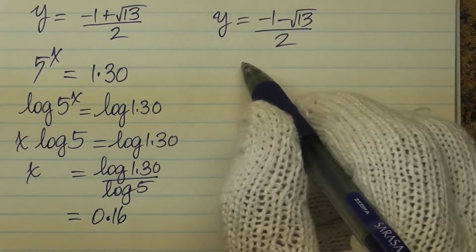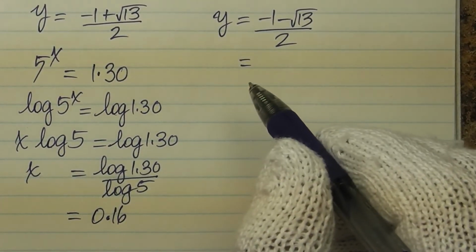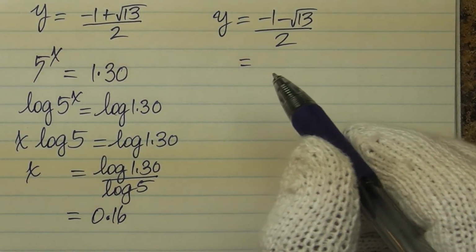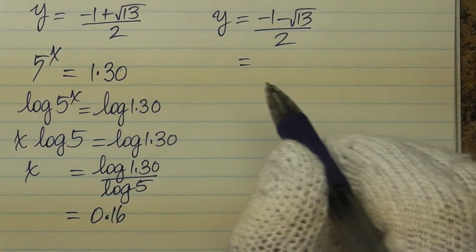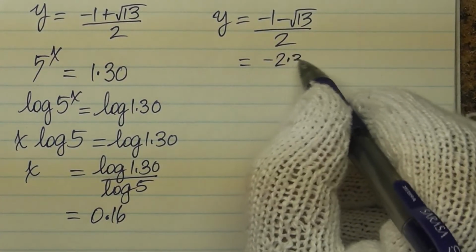So if you look at this, -1 minus radical 13 is equal to -4.6 divided by 2 is -2.30.